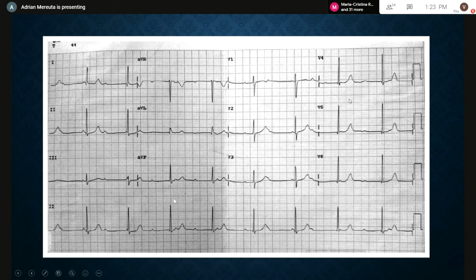And the advantage of this narrow rhythm is that the heart rate is not that low, and there is responsiveness to the neurohormonal impulses.